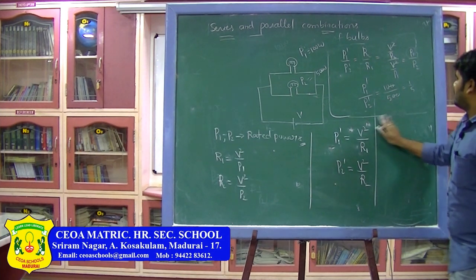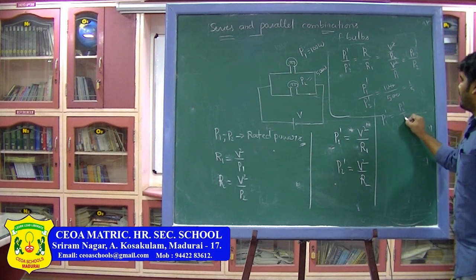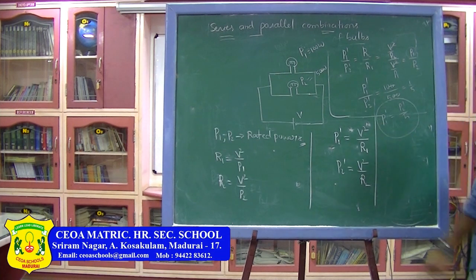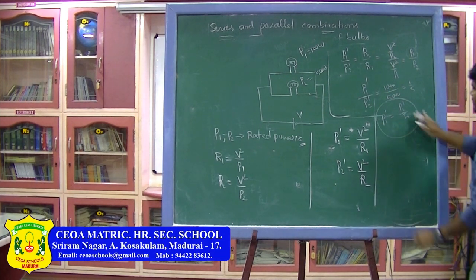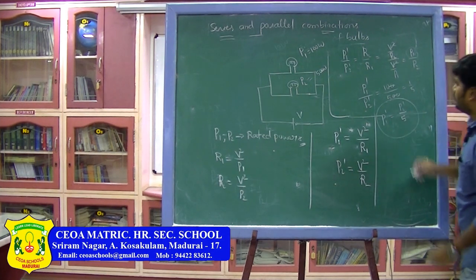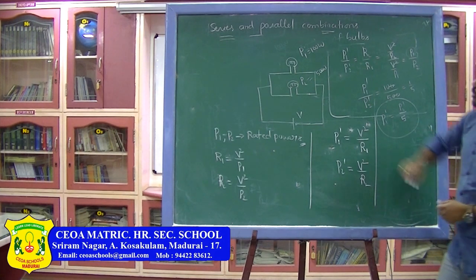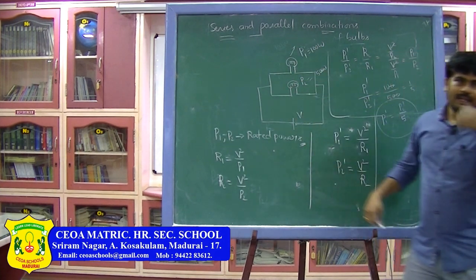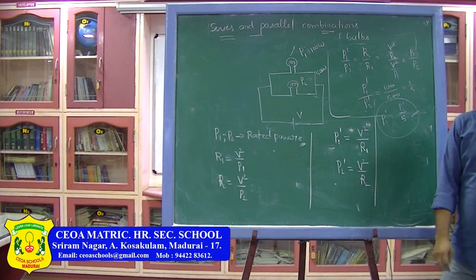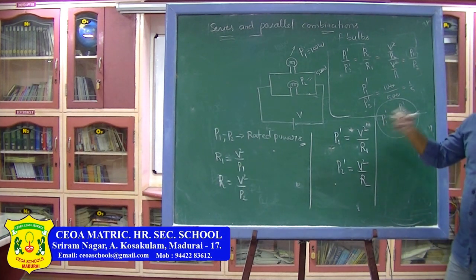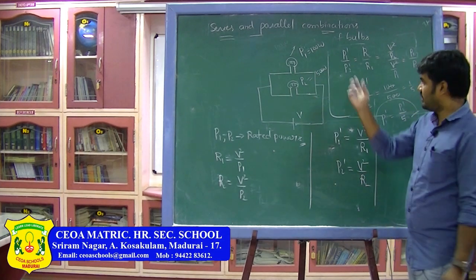From this you can conclude P1 dash is equal to P2 dash by 5. That means the bulb with low wattage is consuming less power, and the high wattage bulb is consuming more power in parallel combination. So here you can say the bulb with high wattage will glow brighter in the case of parallel combination.